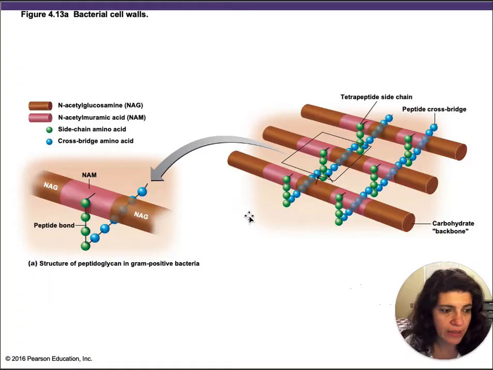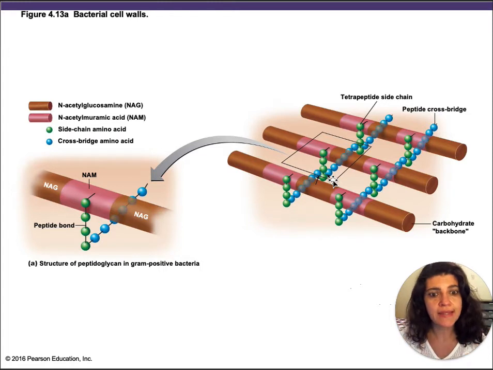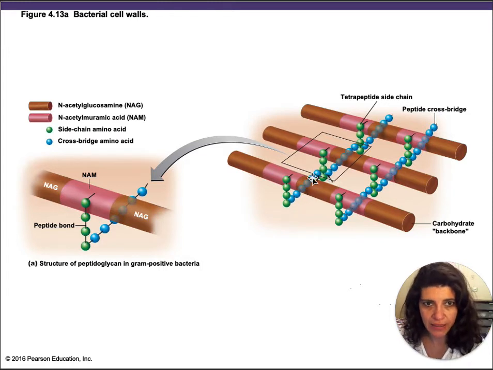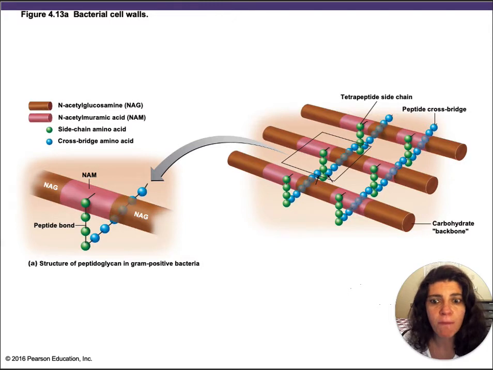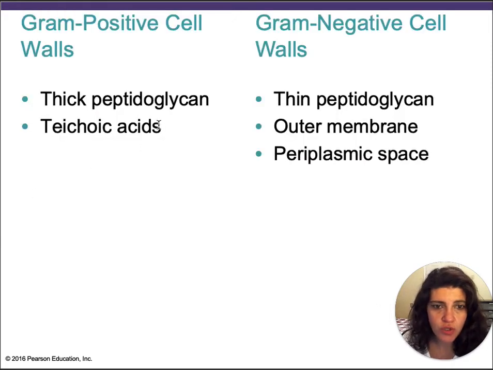And we mentioned those that I call candy canes, which are the intercalation of NAG and NAM, the two different sugars that make the sugar part of the cell wall, and that these candy canes are connected by peptide cross bridges, and that makes a mesh structure that is called peptidoglycan. So that's part of what makes the cell wall. And then I told you that this peptidoglycan layer is thicker in gram-positive cells and thinner in gram-negative cells.